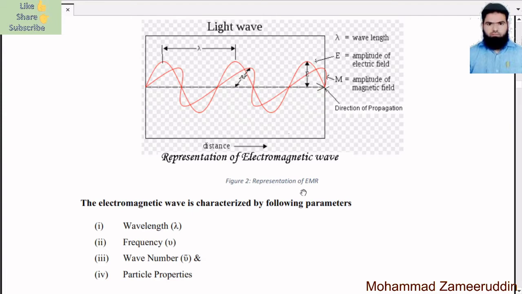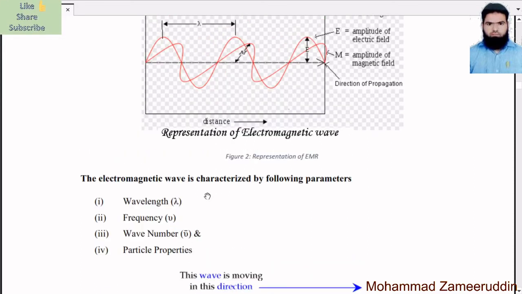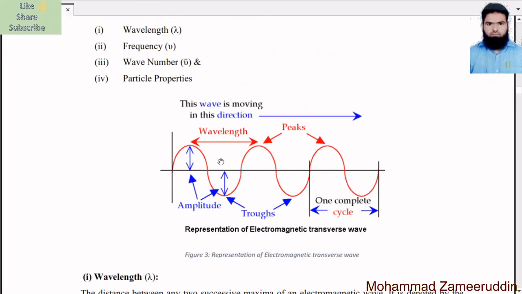Now, an electromagnetic wave is characterized by different parameters. The first parameter is wavelength, the second is frequency, the third is wave number, and the fourth is the particle properties. This is one typical single wave. The upper part is known as the peak, and the lower part is the trough.